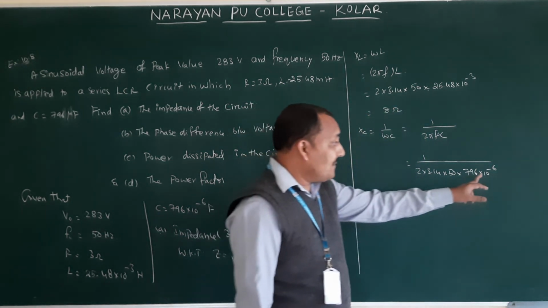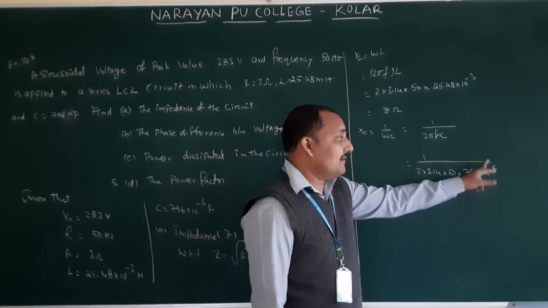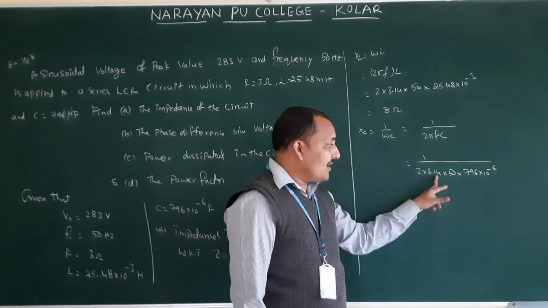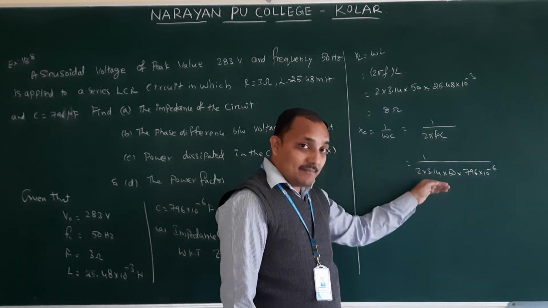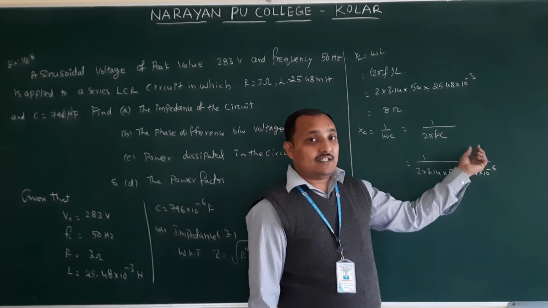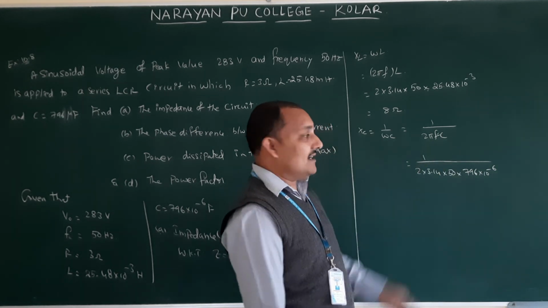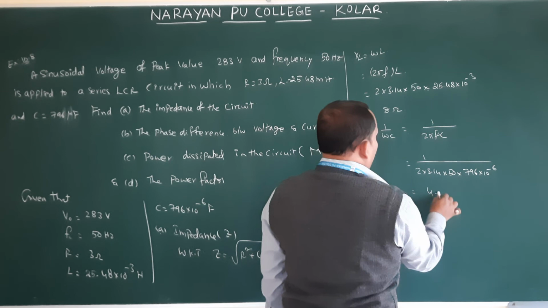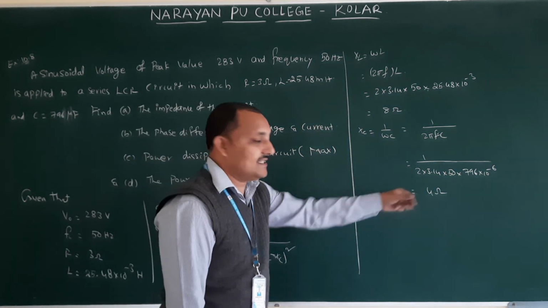The 10 power minus 6 goes to the numerator, so 10 power plus 6. Now multiply 2 into 3.14 into 50 into 796 and take 1 by that number. You will get some number into 10 power 6, with 6 zeros continued. Multiply that, and you will get almost 4 ohms. You can calculate and check that you get the same.